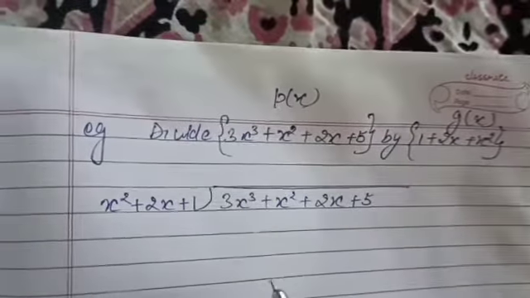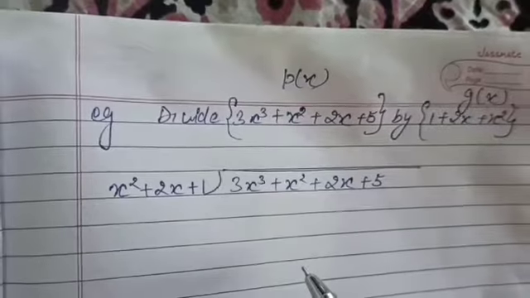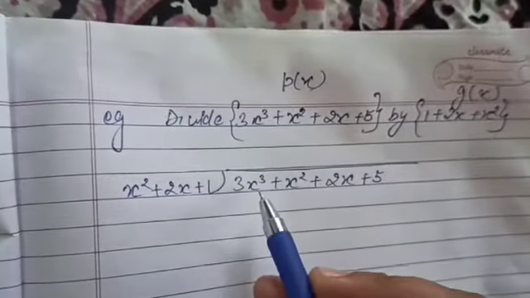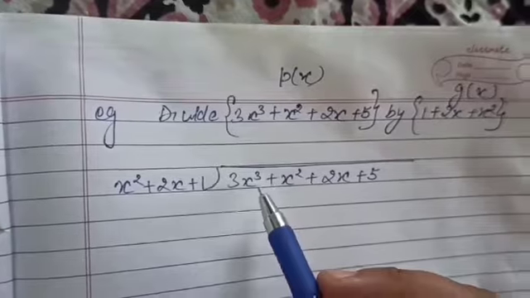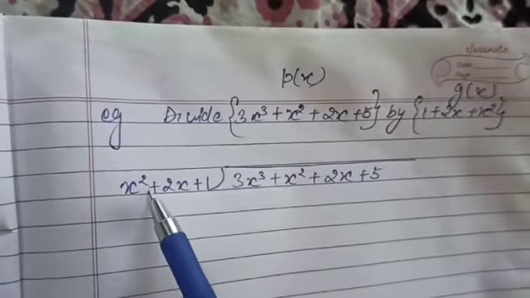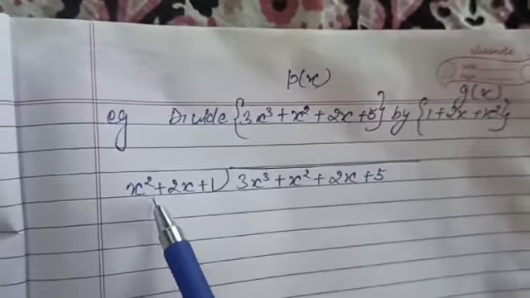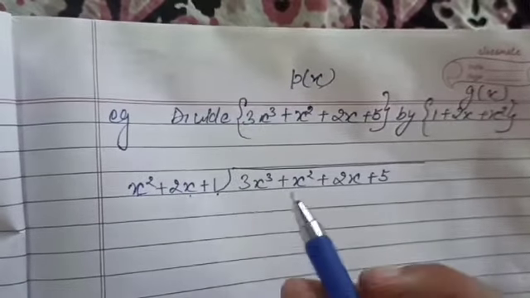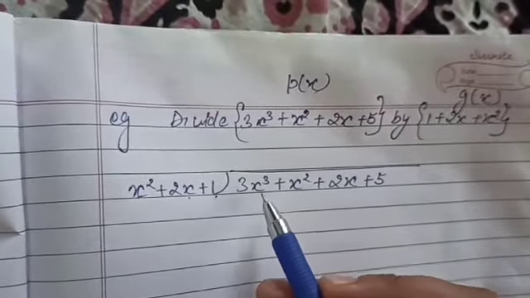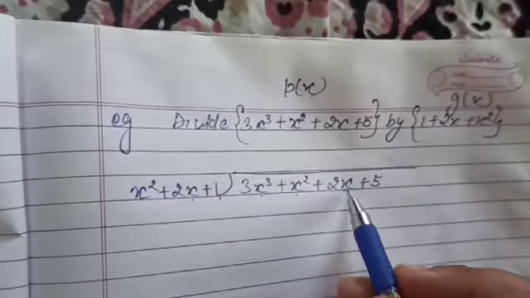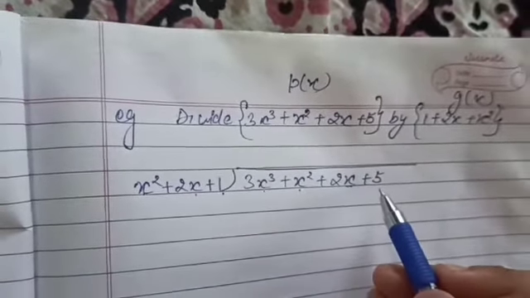In previous classes you have studied how to divide two polynomials. We will put them here like this, and first of all we will arrange the polynomials in decreasing order of their degrees, meaning x square, then x, then 1, the constant term. Similarly, first the cube term, then square term, then x term, and then constant.